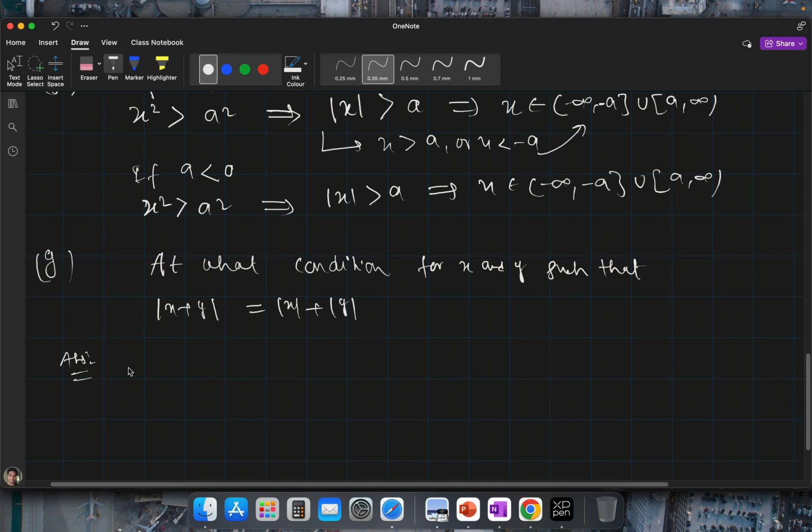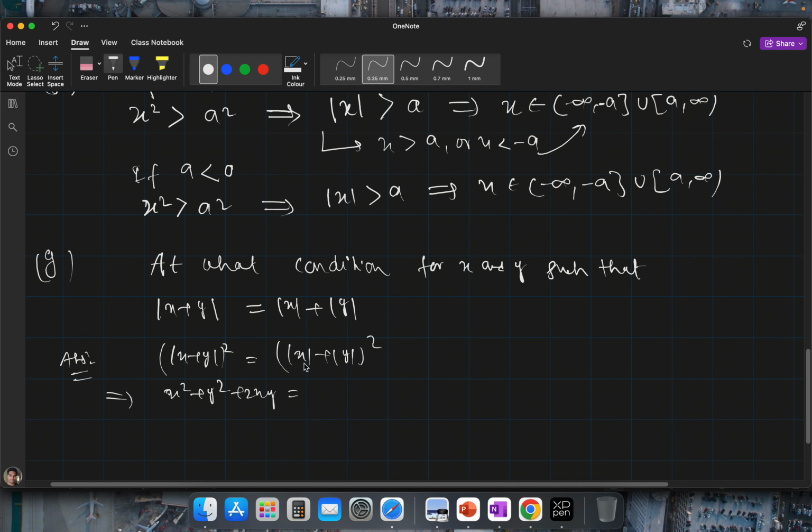Yes, great. So let me prove this. Just square both sides, okay? The modulus of a square is exactly equal to the square without modulus, which means that this will be x square plus y square plus 2xy.